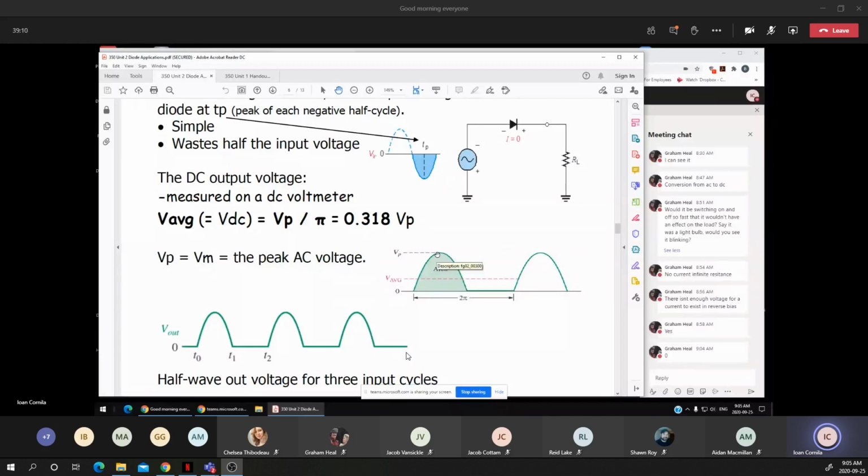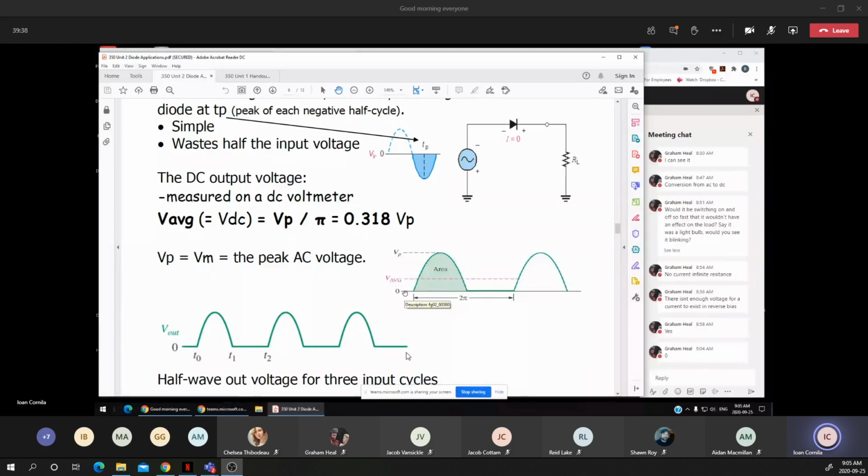If we know the VP and the positive area, but spread over a full period, you notice that again the second half of the sine wave is suppressed, removed from this graph.